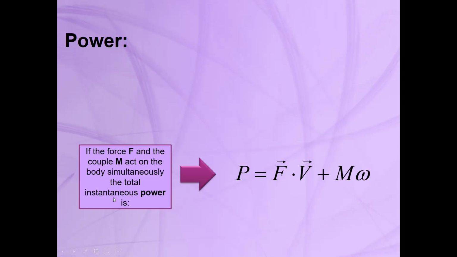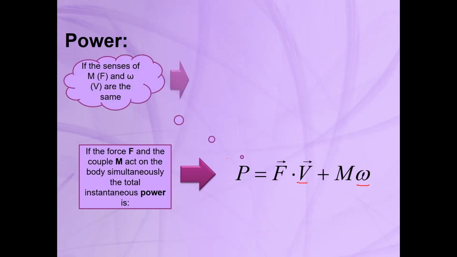Here we call it instantaneous power because in this equation V is the instantaneous velocity and omega is the instantaneous angular velocity. So this power is just for a specific moment, and by changing the velocity and angular velocity, or the force and couple, this power will change.